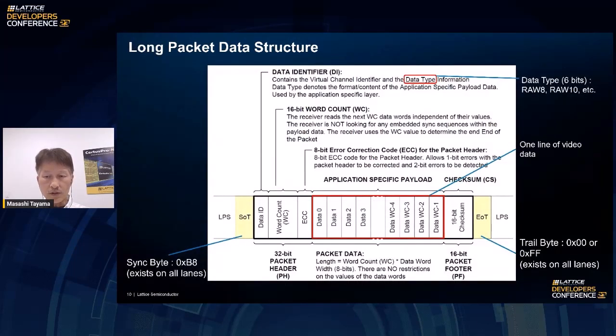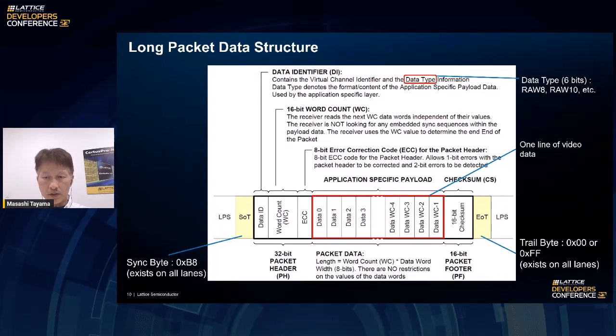This is the structure of long packet. Packet header structure is similar to short packet. Now the middle 2 bytes indicate the byte count of data length of the payload data. Active video data appears here as the packet data.